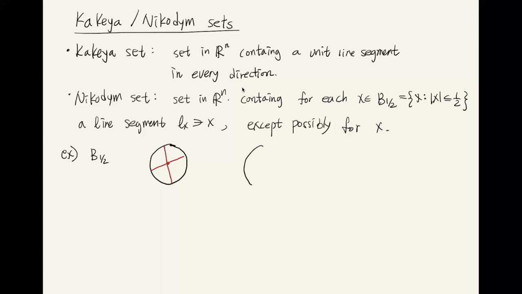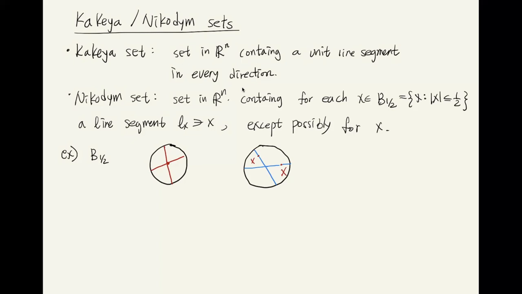This is also a Nikodym set because for any point x in this set, we can find this line, a unit line segment passing through the point x. So if this is x, I can find this unit line segment. So this set is an example of both a Kakeya set and a Nikodym set.